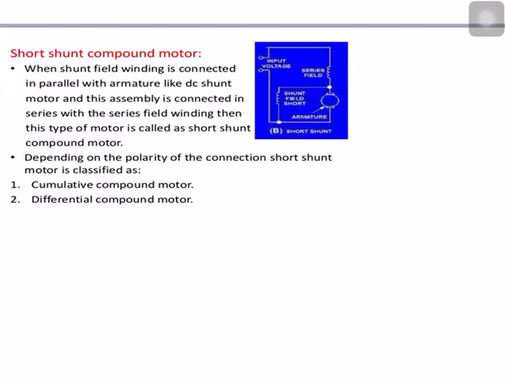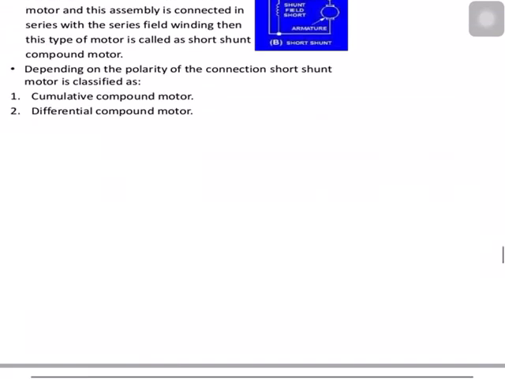And depending upon the polarity of the connection of the short shunt motor, it is a cumulative compound motor or a differential compound motor.